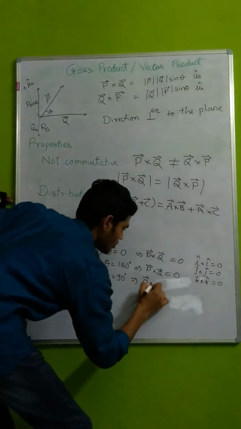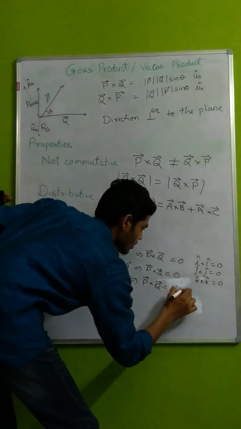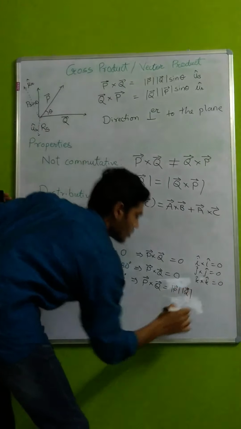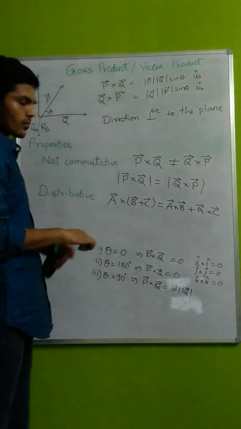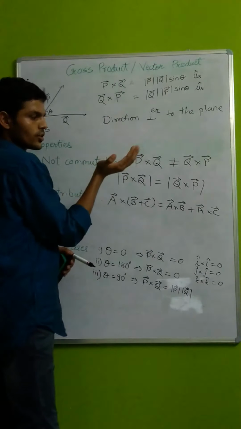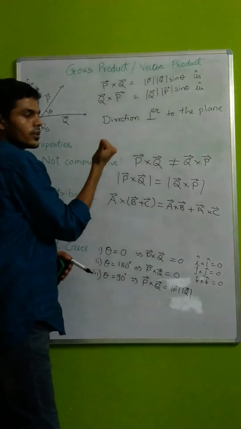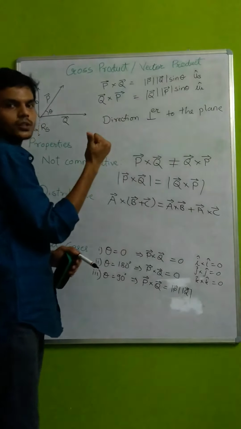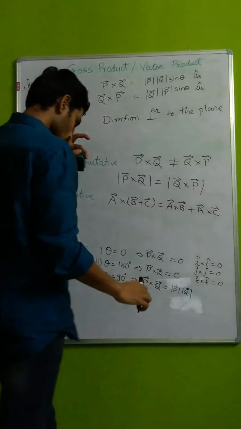So P cross Q is equal to PQ. This is magnitude only, but the direction will be given by the right hand thumb rule. If we rotate from the first vector to the second vector, then the thumb denotes the direction of the resultant vector. So that's how we will get the direction of the third vector.